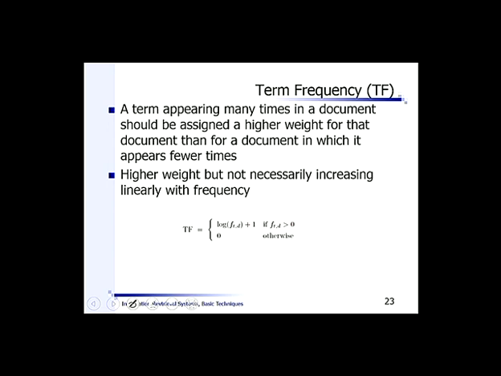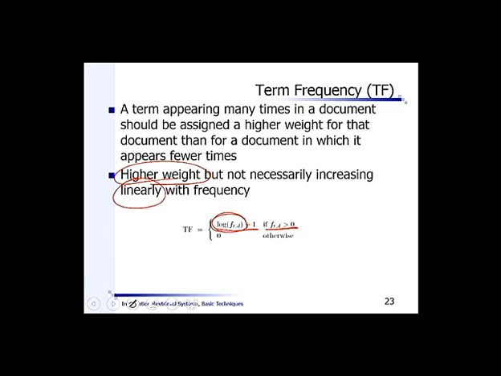But higher value, not necessarily linearly higher. Like if it appears one time in a document and in another document it appears 2 times, we cannot say this document is double relevant as compared to this. So to control this growth rate, there are many variations of the formula, but the one we use is we take logarithm of the frequency, and we add 1 to it. This is the formula we use if the frequency of term t in document d is greater than 0.